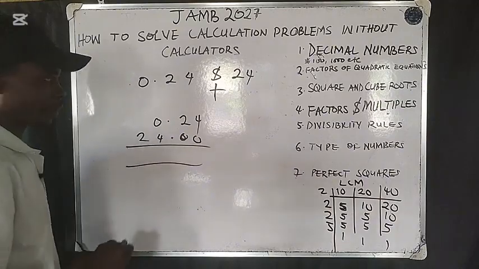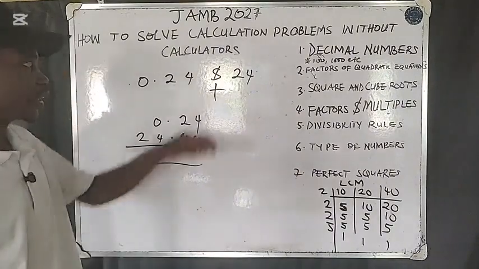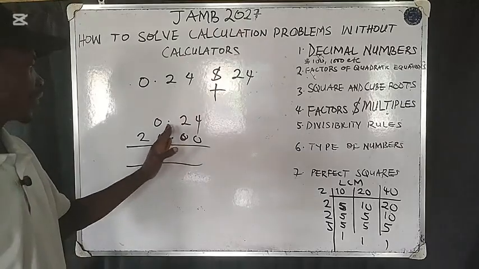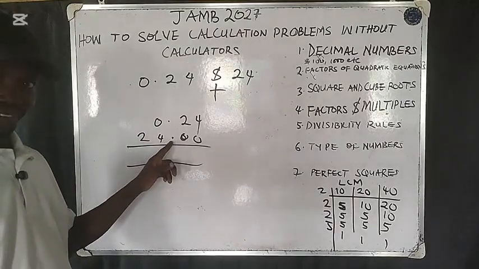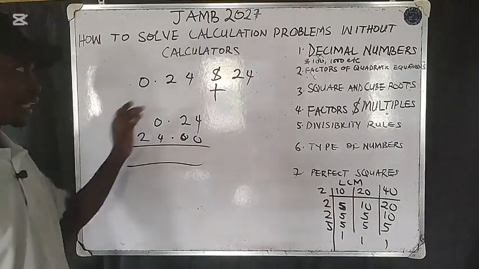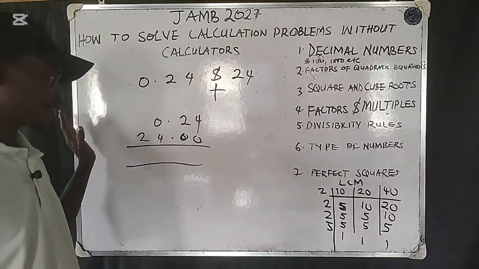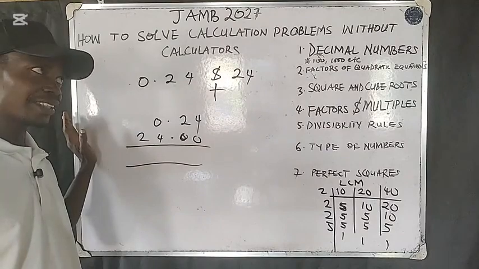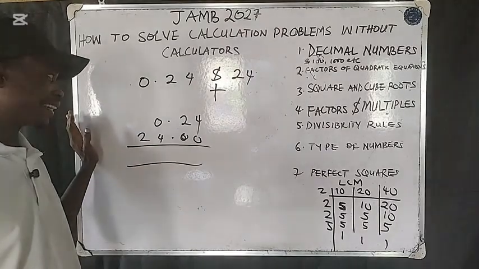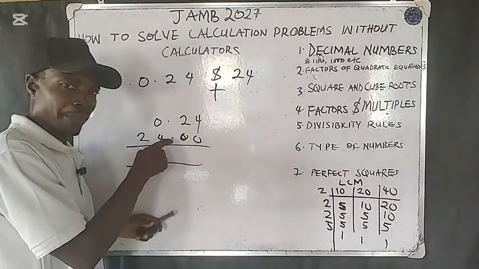Then your whole number. By now, you should be able to differentiate whole number and decimal number. This 24 is the whole number. It's on the left of decimal point. So a whole number must be on the left of decimal point, while a decimal number must be on the right of decimal point.